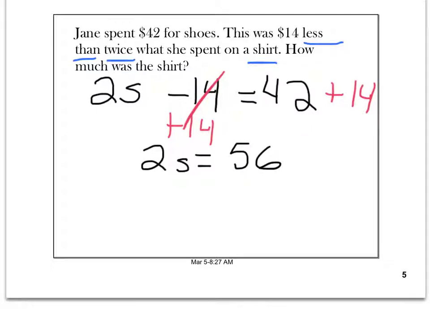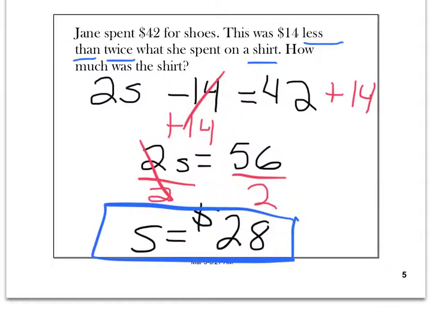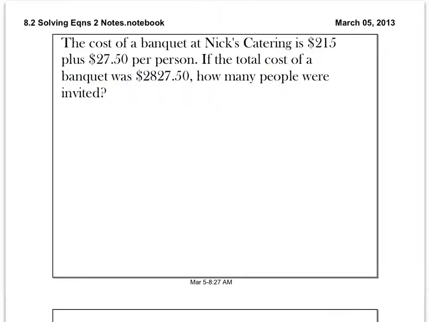Now, should be easy and you're flying along, divide both sides by 2, that cancels, divide u by 2, price of the shirt will be $28 for the price of Jane's shirt. Final question, and this will help you on the homework, so there's your big hint, and it will end up on a test sometime in the future.